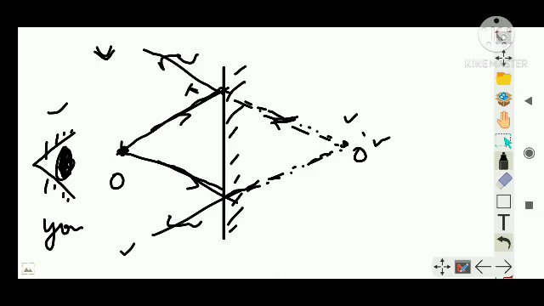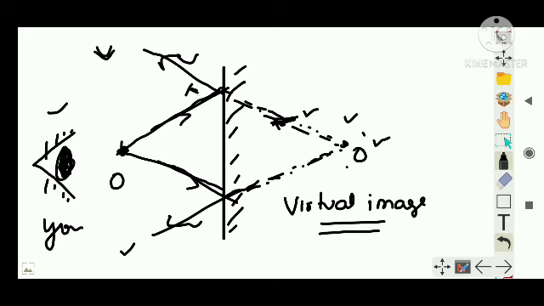So you feel that the reflection is from here. That means I am not getting an actual image. The image I got is known as a virtual image. Is it an actual image? No, the reflected rays are not at all meeting. I feel that the reflected rays are coming from this point O dash.